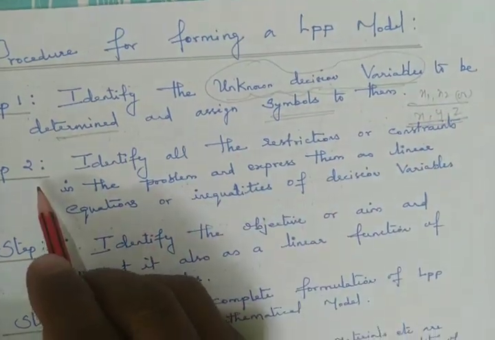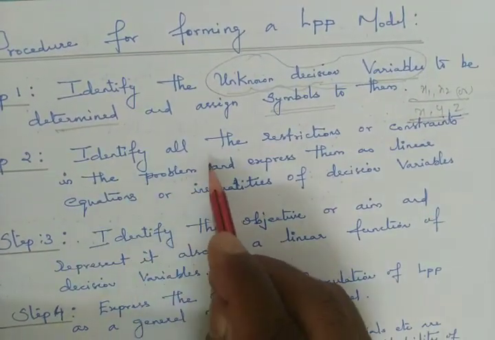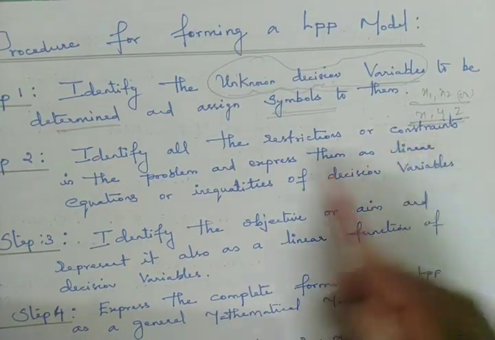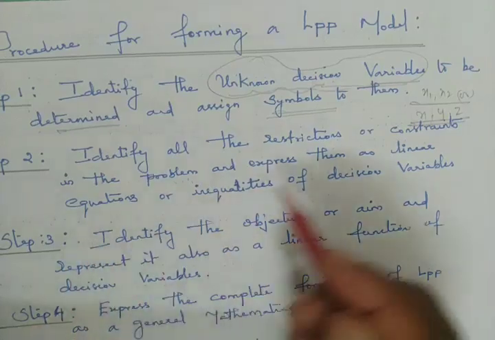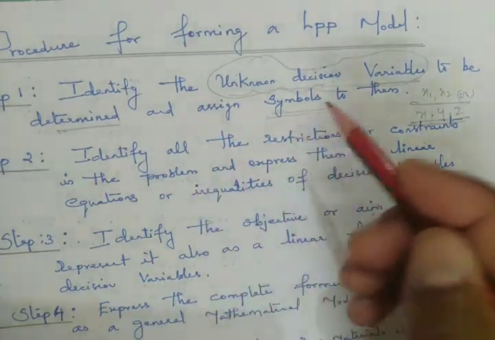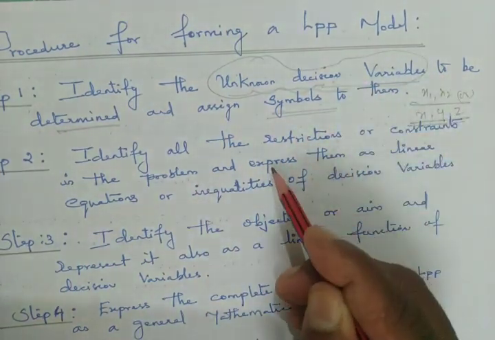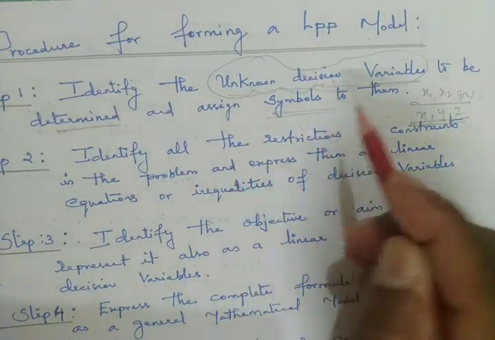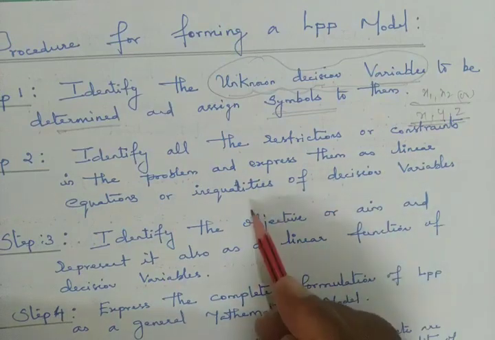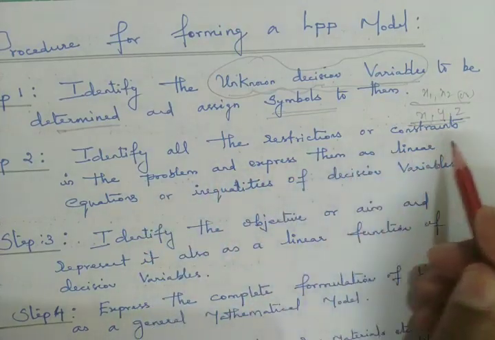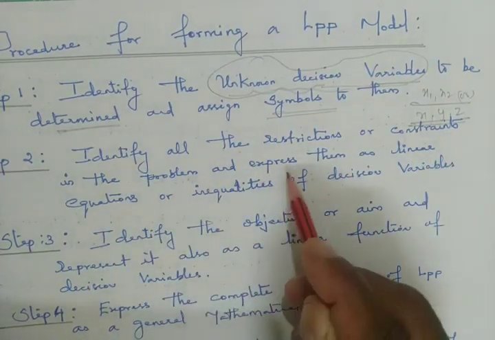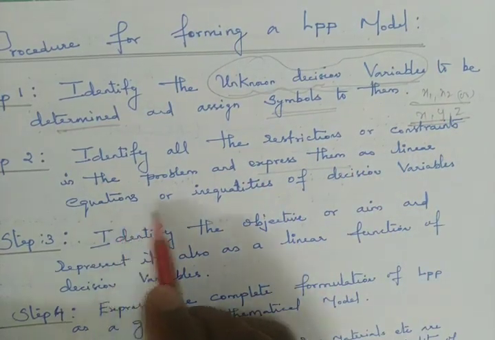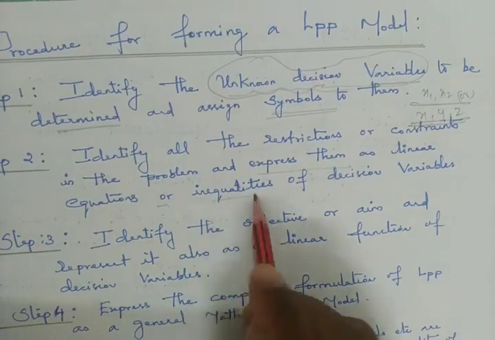Step number 2: identify all the restrictions or constraints in the problem. First the decision variables, next the number of constraints involved in the problem. Those constraints should be expressed using the decision variables only. Identify all the restrictions or constraints in the problem and express them as linear equations or inequalities.